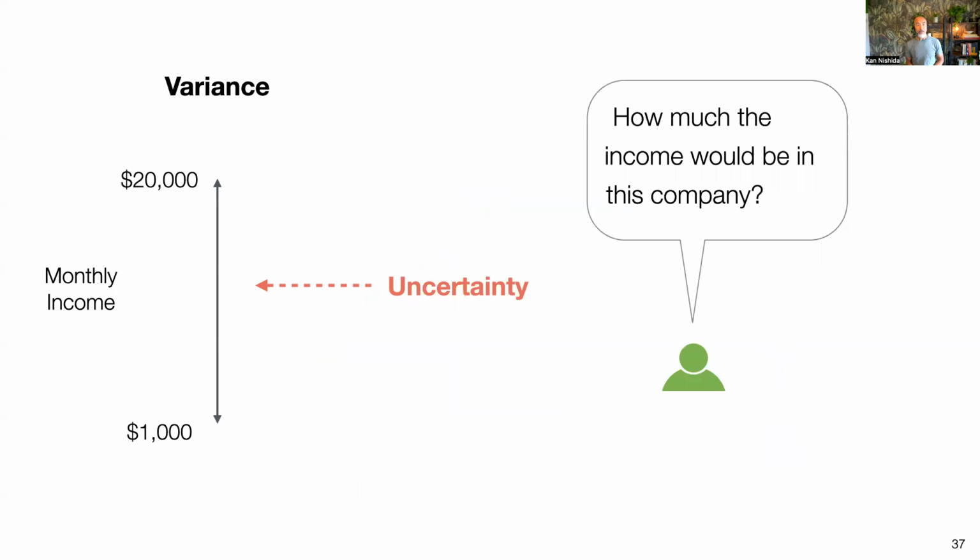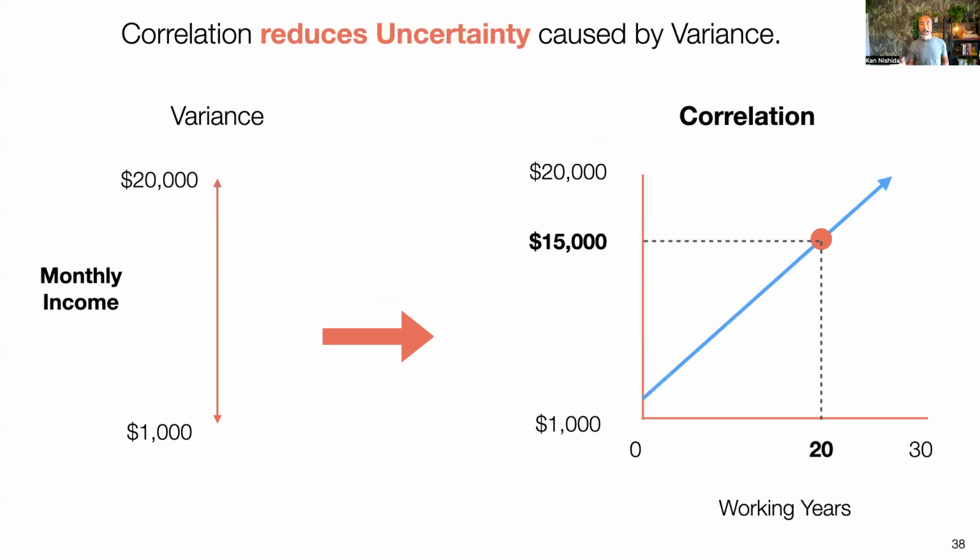So what we have just done is this: monthly income varies, let's say, from the minimum value to the max value, like $1,000 to $20,000. So the values are very varied. There's a variation, right? And we call it uncertainty. But we found the correlation between monthly income and working years.